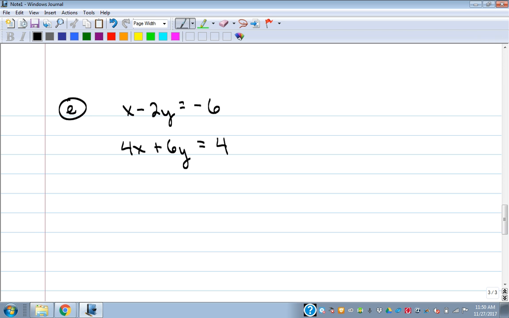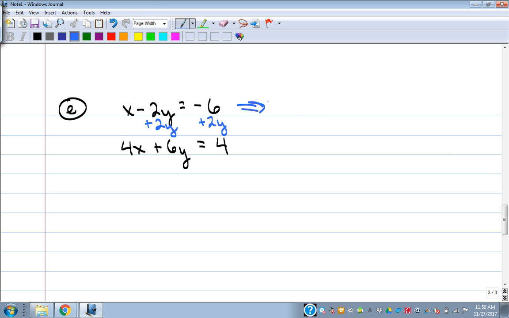The first one, getting x by itself, only takes one step. I think that's the easiest one. If I tried to get y by itself on this one, it would take at least 2 steps, because I'd have to move the x and then divide by -2. So I could get x by itself on this first one by just adding 2y.